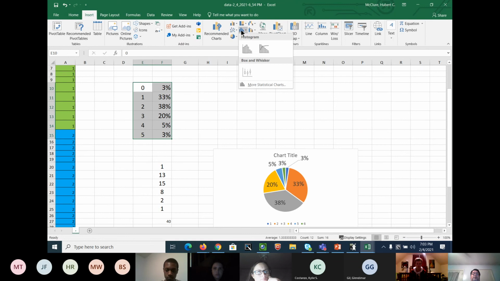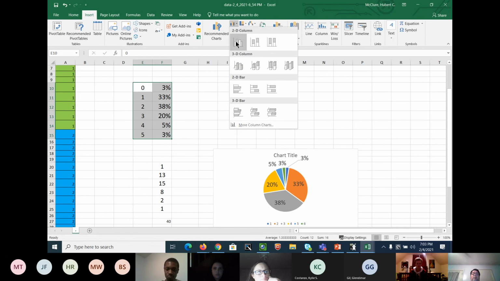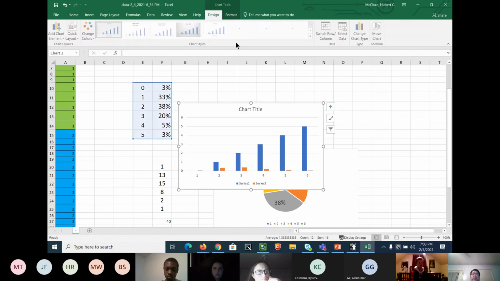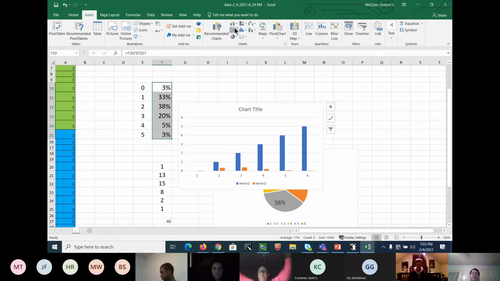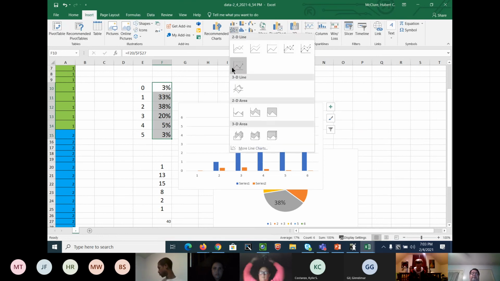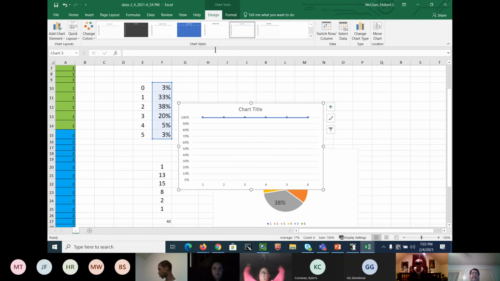No, that's not going to work. No, that's not going to work either. Let me just do a line chart, because line charts are the easiest to understand. And that's not going to work. Come on, why aren't you working?